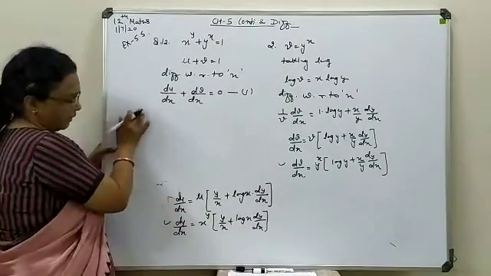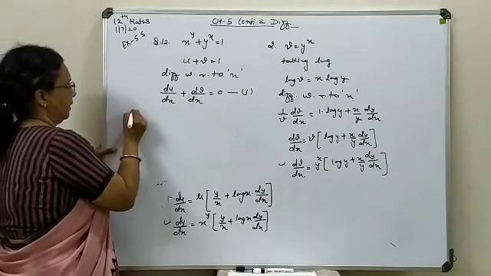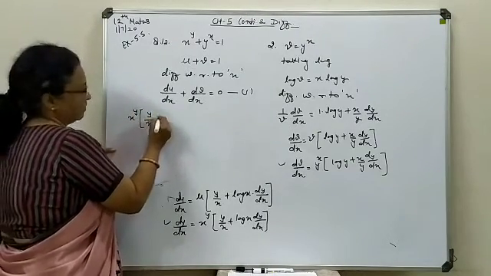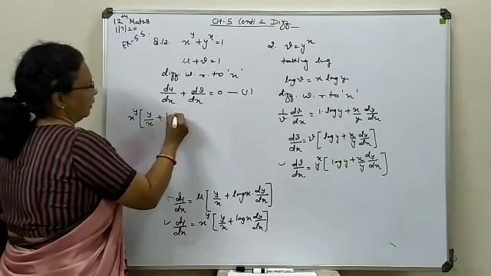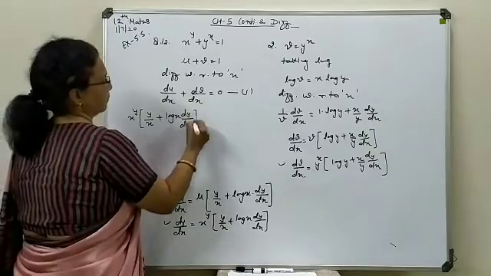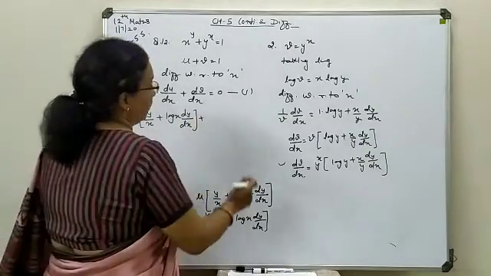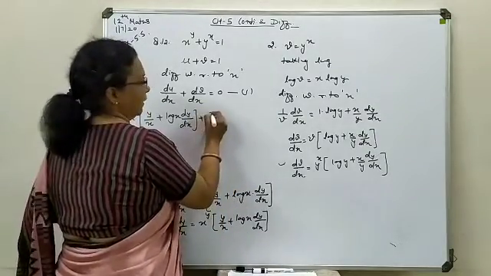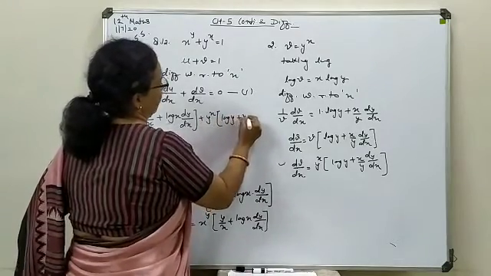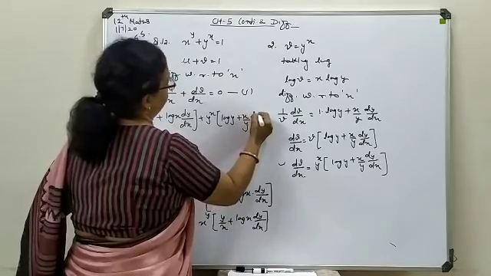So to get the final answer form, du by dx we will substitute as x power y into y upon x plus log of x dy by dx. dv by dx was y power x into log of y plus x upon y dy by dx.